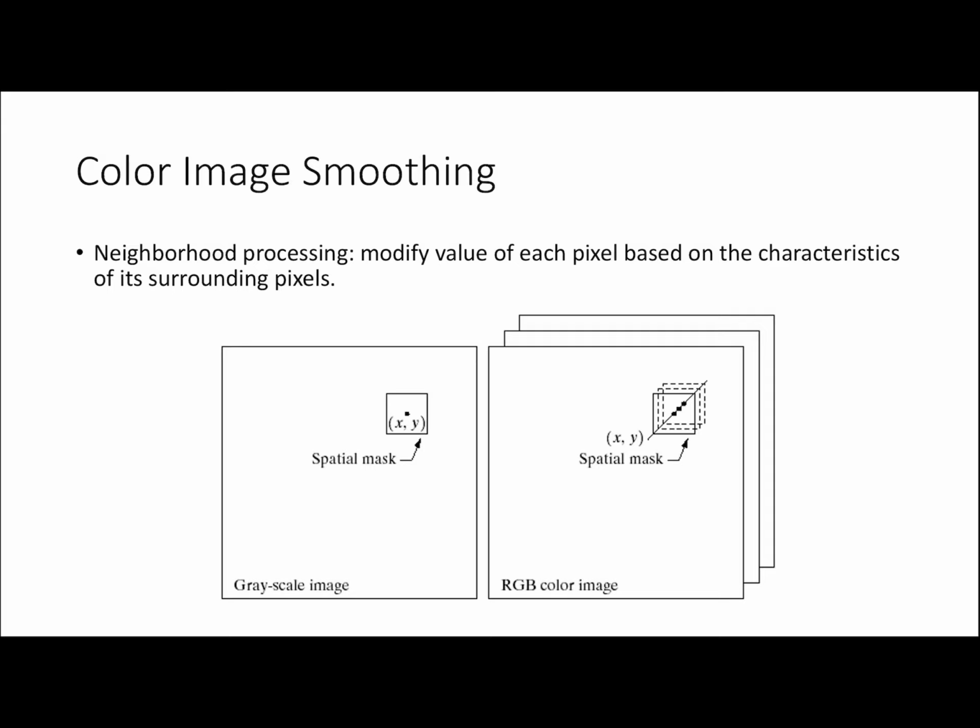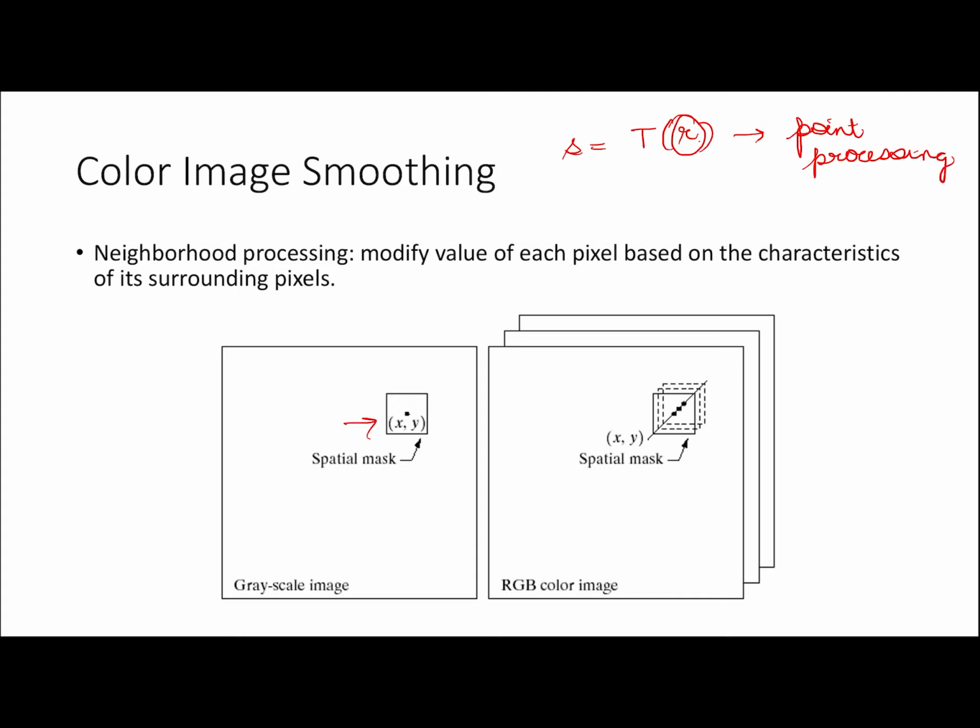Now, so far whatever color image processing techniques we have discussed are equivalent to the point processing techniques that we discussed in connection with grayscale images, because we are applying a transformation function on each and every pixel. So this is equivalent to point processing technique.